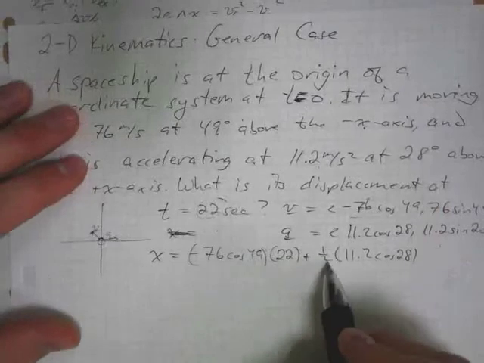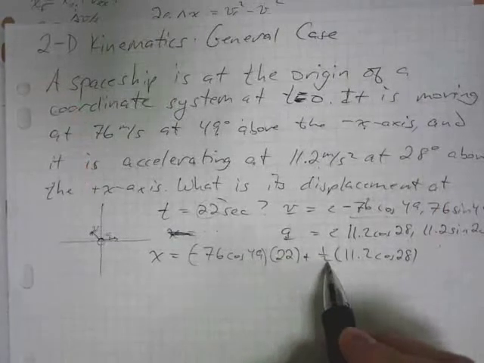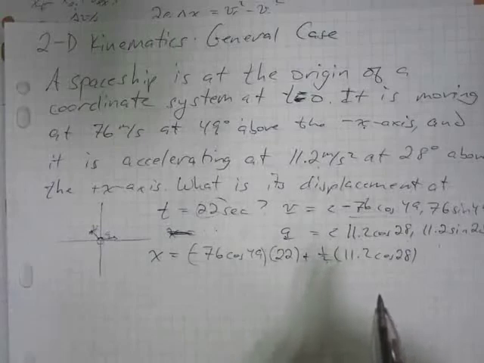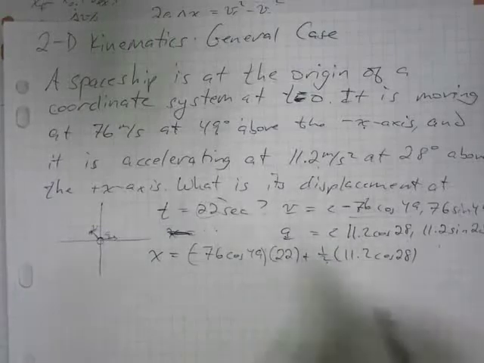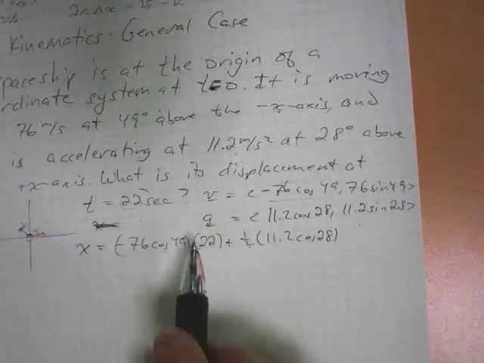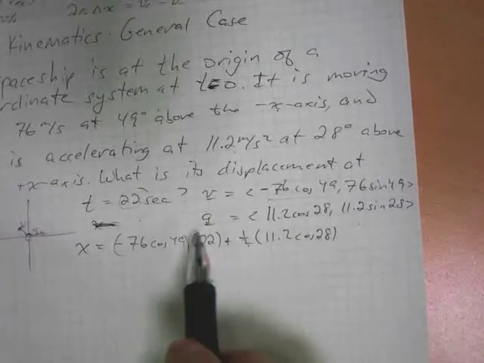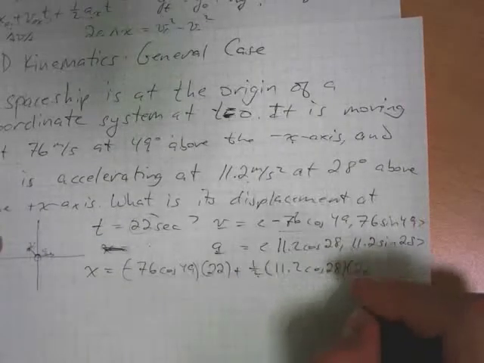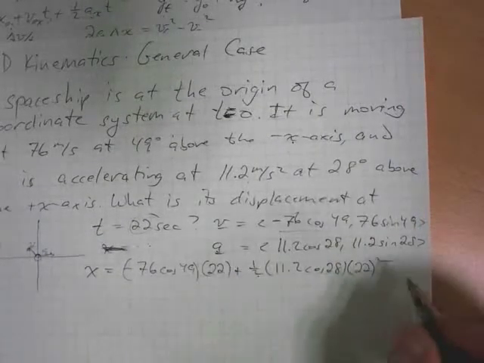Don't forget about this 1/2. It's easy to forget since we don't explicitly write 1/2 when we're doing projectile motion because we write 4.9, but remember that's half of 9.8. The half is still part of the formula, so make sure you include the half in there. And then times time, which is 22, and again, don't forget to square, that's easy to forget.